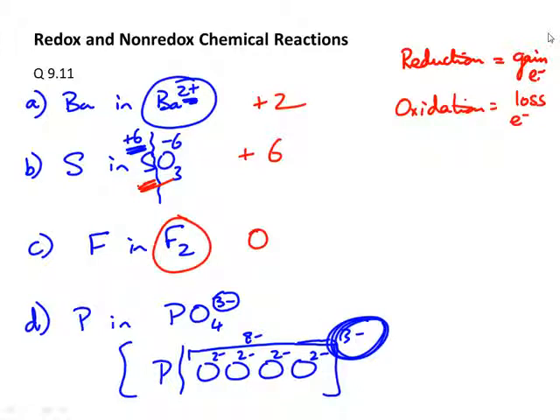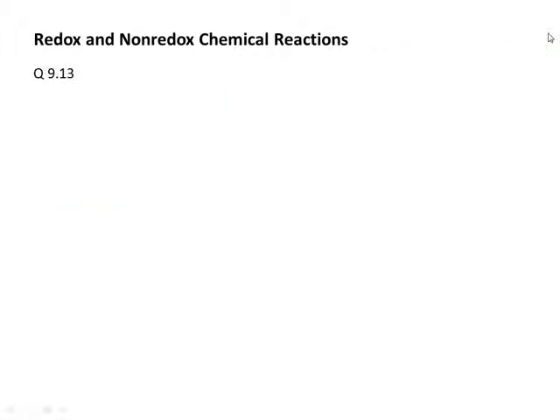In other words, after the plus and minus cancel each other out, 3 minuses are left over. Which means that phosphorus must be 5+, because 5+ and 8- together leave a residual charge of 3-. So in this case, the oxidation state of phosphorus is +5.